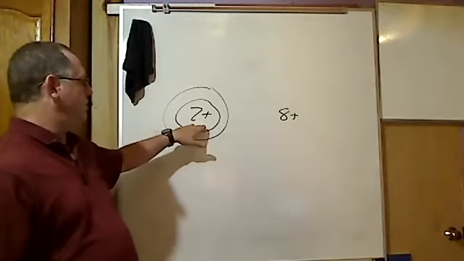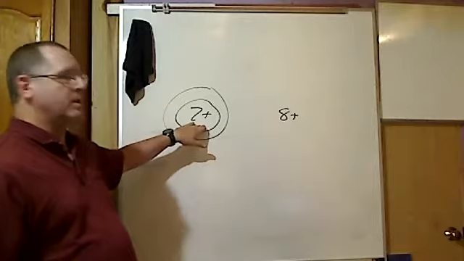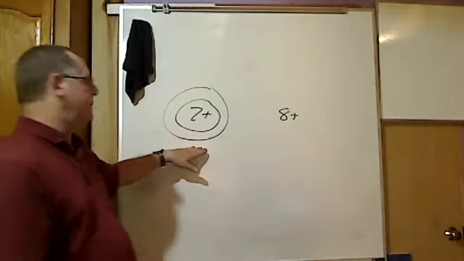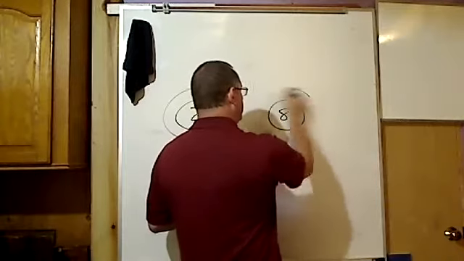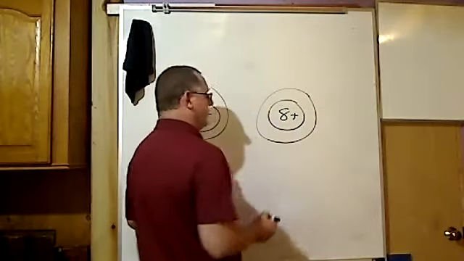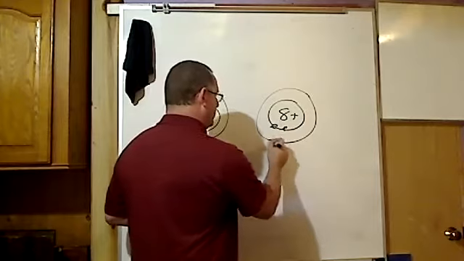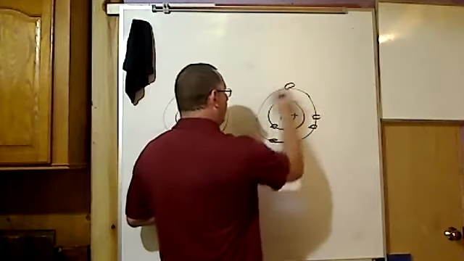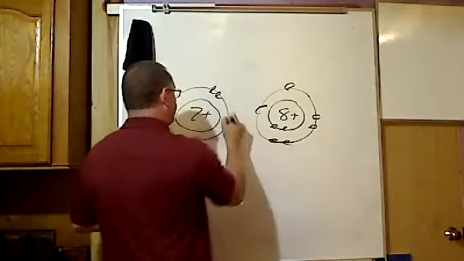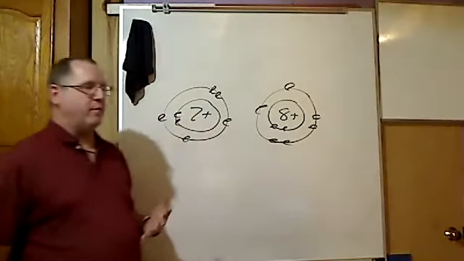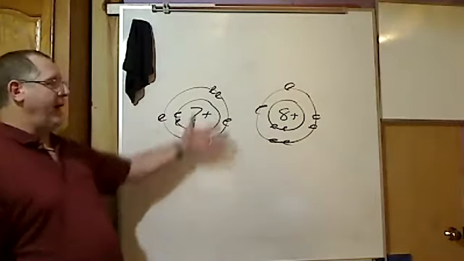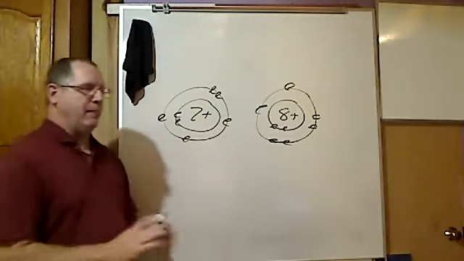In nitrogen, the first energy level contains 2 electrons and the second energy level contains 5. In oxygen, the first energy level contains 2 and the second contains 6. And I'm just going to draw some e's here so we have a reference there. Now again, this is a very bad model of the atom, but it's going to help make our point.